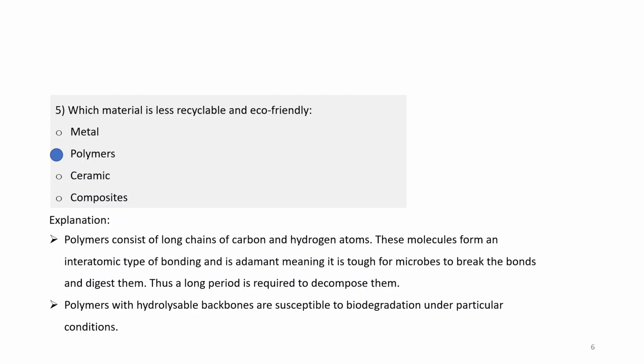So these are less eco-friendly and less recyclable, and some biopolymers are also being designed for the sake of the environment.